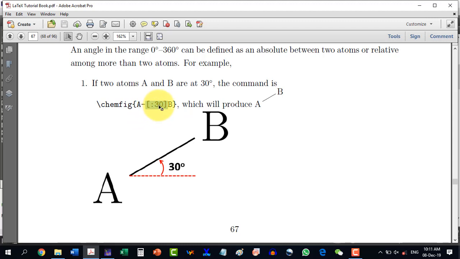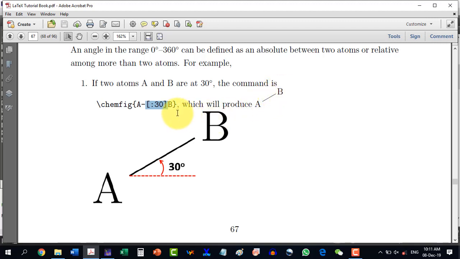It means that the bond from A to B will be at 30 degrees from the horizontal line. This is the horizontal line, so it will be at 30 degrees, and the output will be like this.